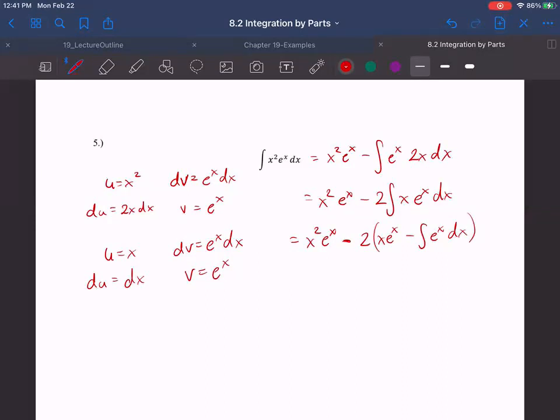And then I can distribute that minus 2. I get x squared e to the x minus 2x e to the x plus 2 times that integral. What is that integral? E to the x. And then plus c.